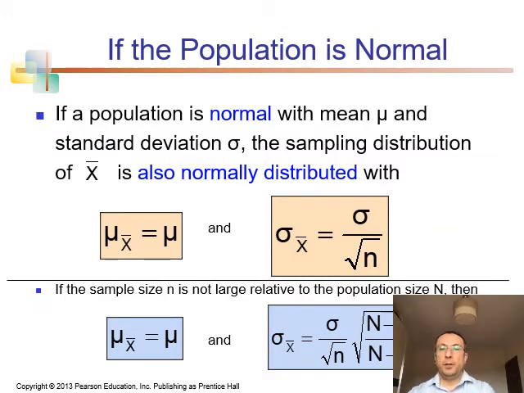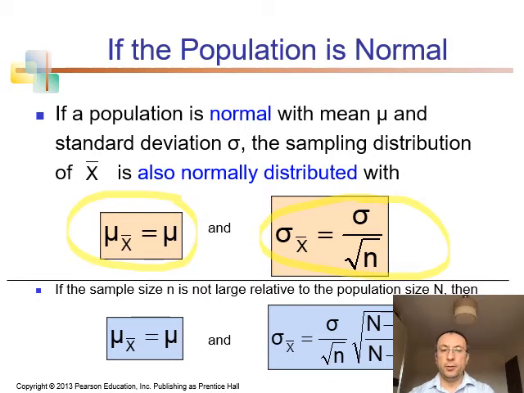So if the population is normal, our job is very easy. The mean of the sample mean is the same as the population mean. The standard deviation of the sample mean equals the population standard deviation divided by the square root of n.